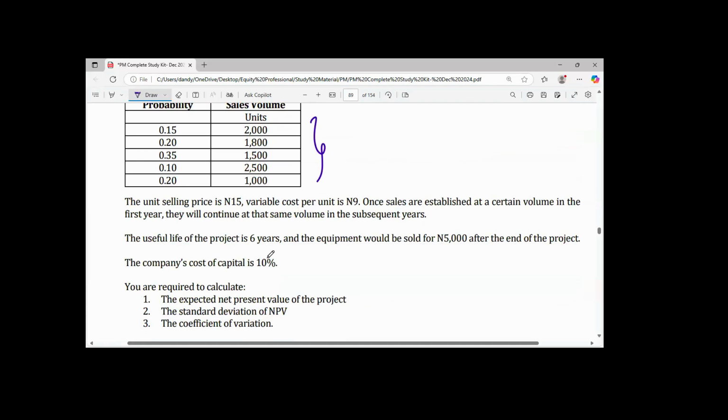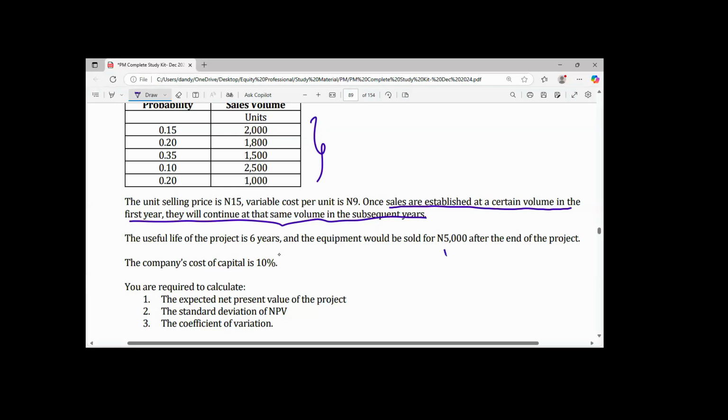Once sales are established at a certain volume in the first year, they will continue at that same volume in the subsequent years, which means that they are mutually dependent. The useful life of the project is 6 years, and the equipment will be sold for 5,000 naira after the end of the project.